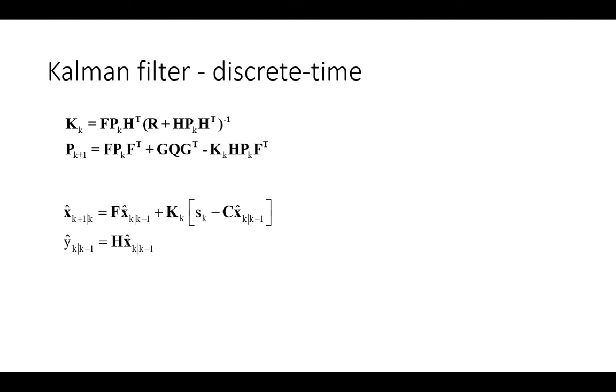So that's important. If, on the other hand, F and some of the other things were varying with time, and we knew how they varied with time, which is unlikely, but let's suppose we did know, then we could have K varying with time and P would vary with time, and the Kalman gain would vary with time as well, and it wouldn't converge. It would just be changing all the time, and that's the more general case.